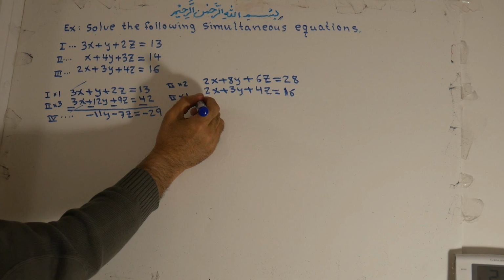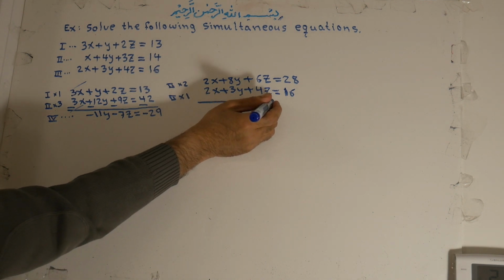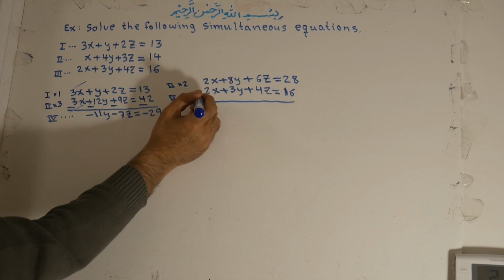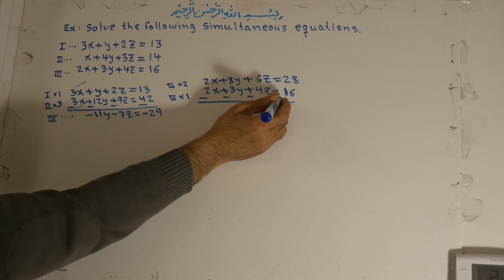Now we subtract these two equations from each other. Negative, negative, negative, negative.